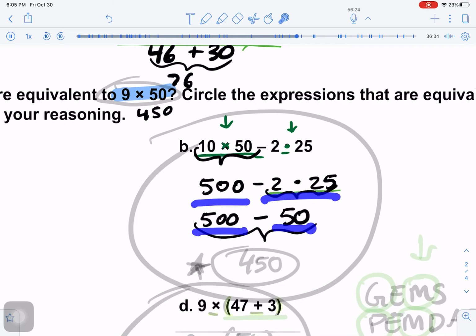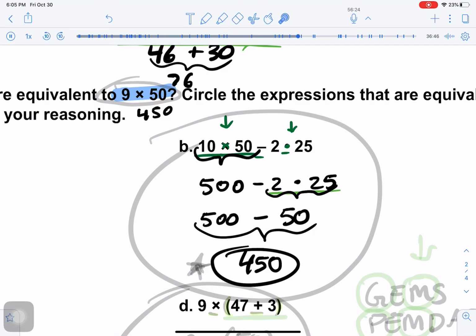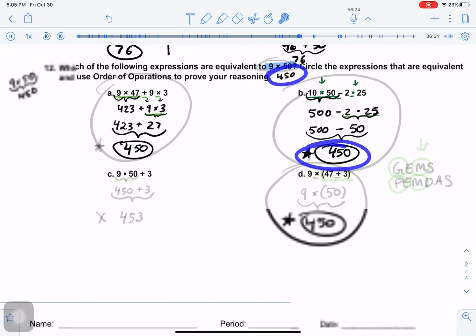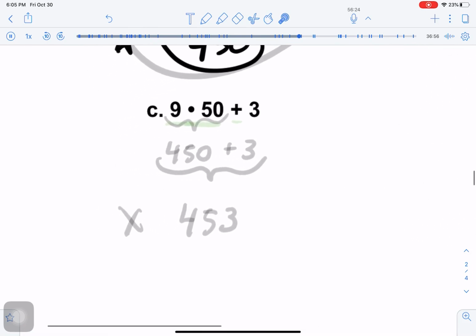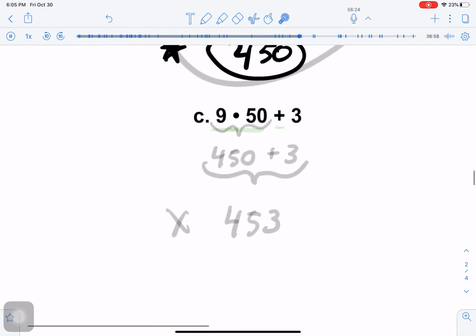I'm all done with my multiplication. I can move on to the subtraction and simply subtract 50 from 500, which gives me 450. This is also one that appears to be equivalent to the product of 9 times 50, so I'm just going to make a little star next to it just to separate it from the ones that might not be.